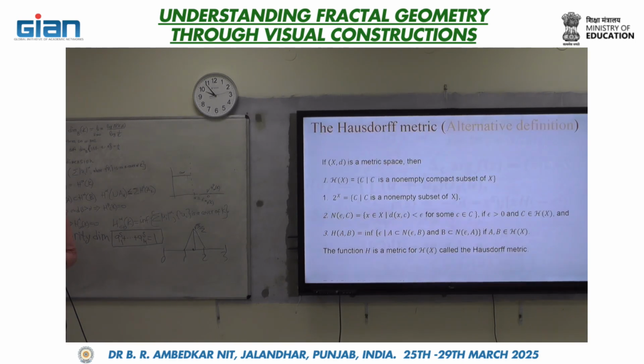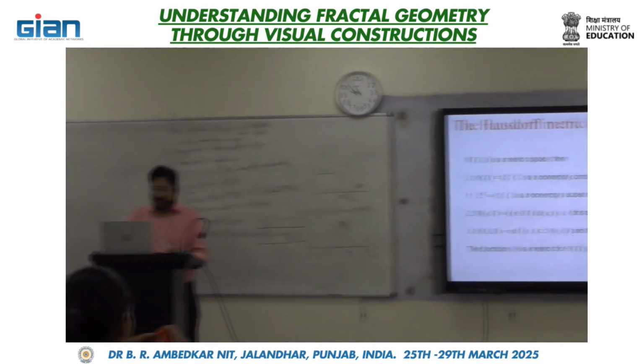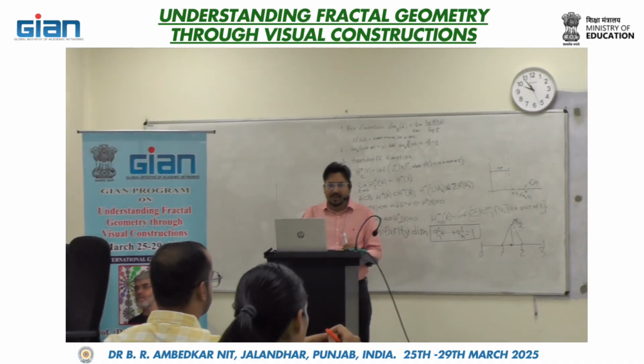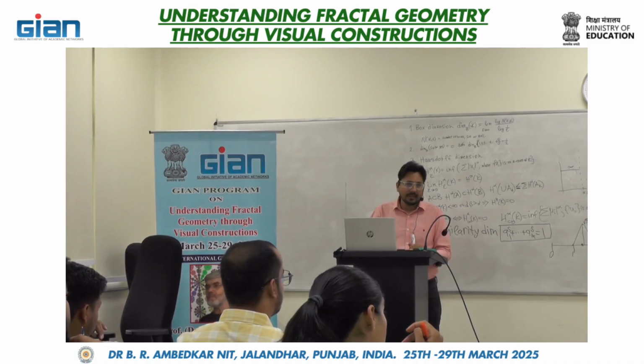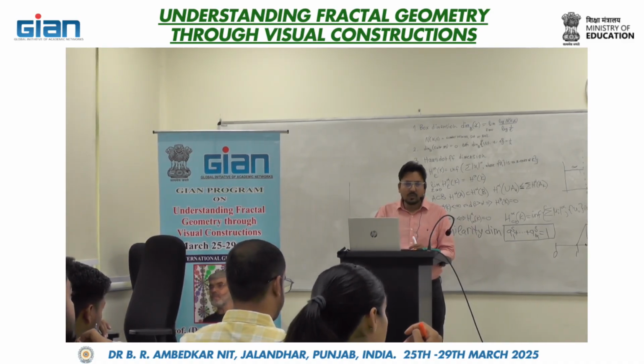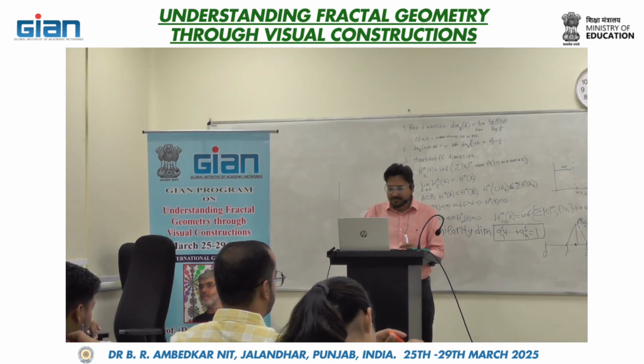You can search it. Okay, so now I am going to give you the alternative definition, as sir said, in the case of neighborhoods. If (X, d) is a metric space, then H(X) I am defining as the collection of non-empty compact subsets of X. And you know what is 2 to the power X, or the power set.